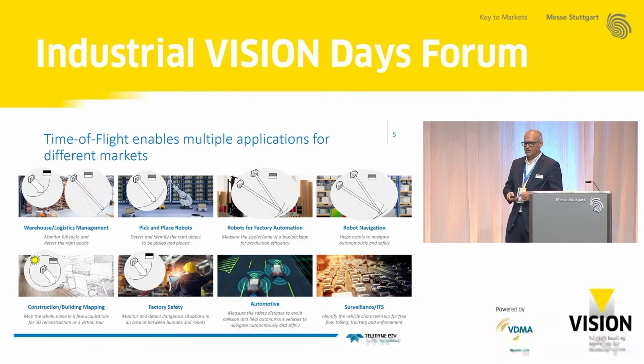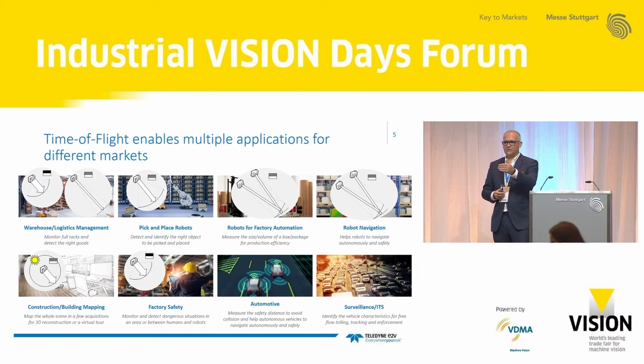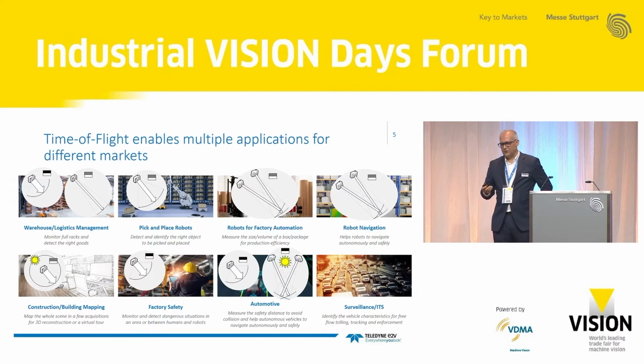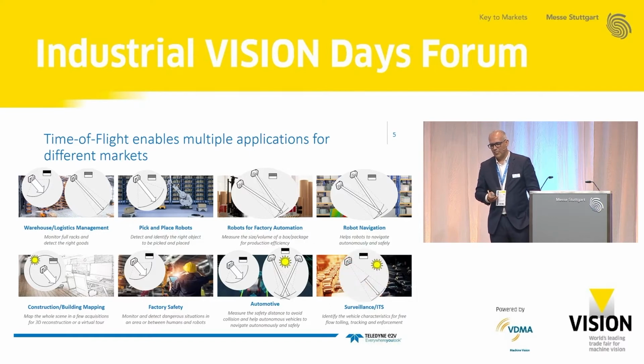For example, sorting boxes on a belt is not at all the same as, let's say, smart filling of long trucks for logistics. It happens the same for automotive, where you have in-cabin occupant monitoring versus, for example, long-distance pedestrian detection, etc.